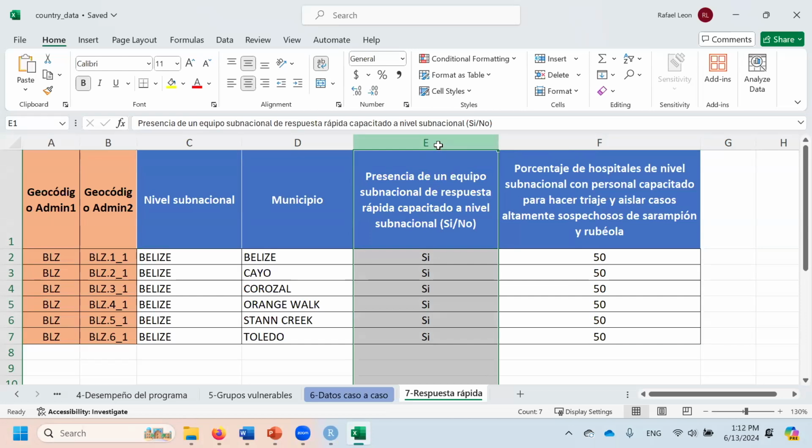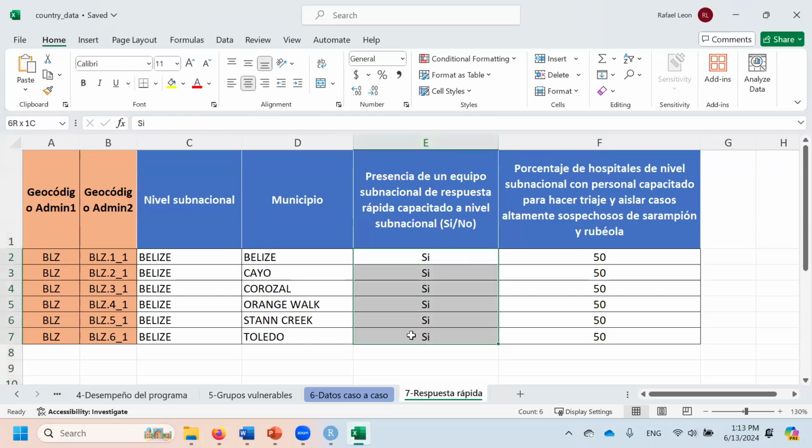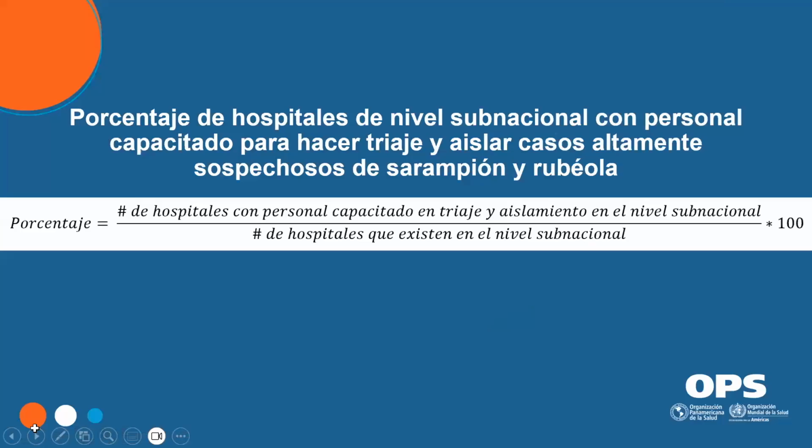If the answer is yes, then yes should be put in for all of the municipalities at that subnational level. In this case, all of the municipalities that are at the subnational level of Belize should have the same answer.